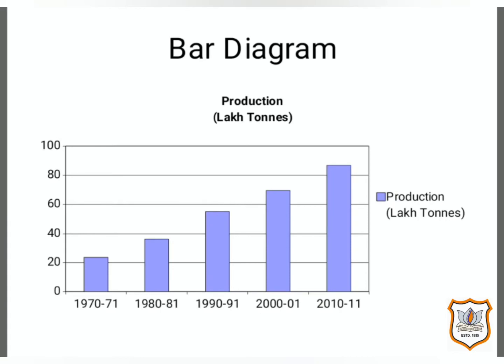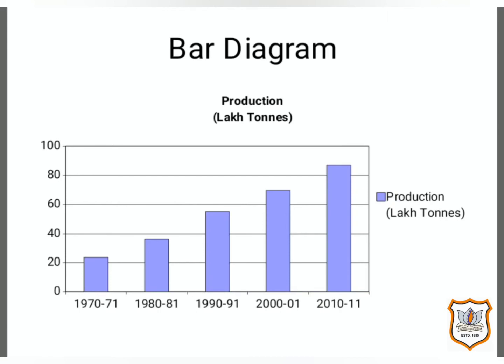That means for the year 1970-71, the production of wheat was less as compared to the production of wheat in the year 1980-81, and therefore the length of the rectangular bar in the year 1970-71 is less than the length of the rectangular bar in the year 1980-81.